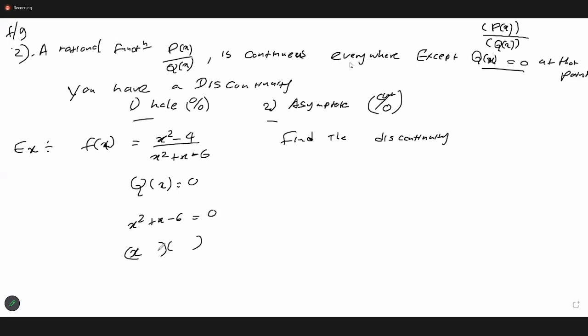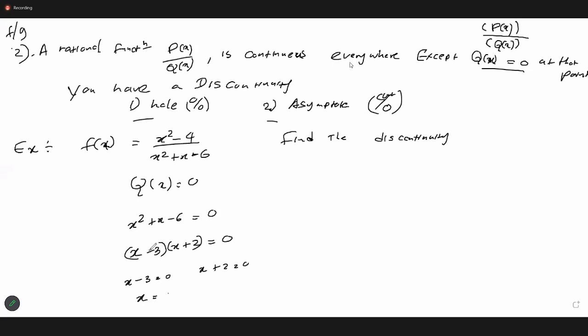x minus 3, x plus 2, right? That means x minus 3 equals 0, or x plus 2 equals 0, and x equals 3. Sorry, I think this should be changed.